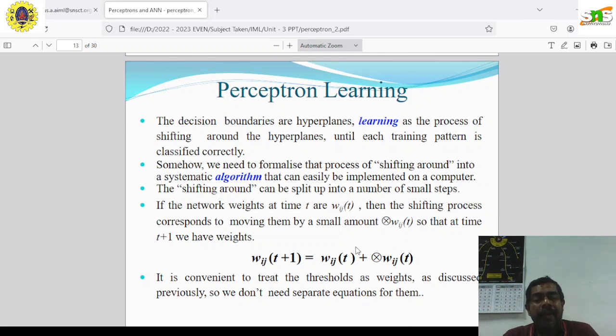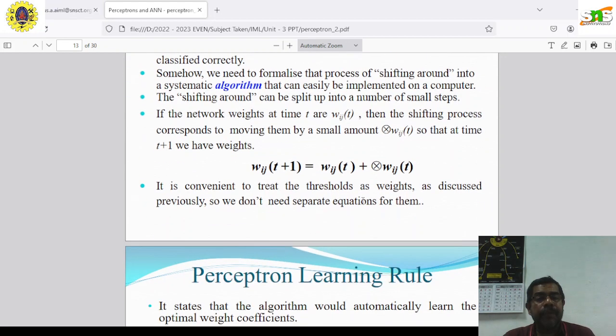In general, we write this equation as wij(t+1) = wij(t) + Δwij(t). This is a simple formula. It is convenient to treat the thresholds as weights, as I discussed previously, so we don't need separate equations for them. This is how perceptron learning takes place.